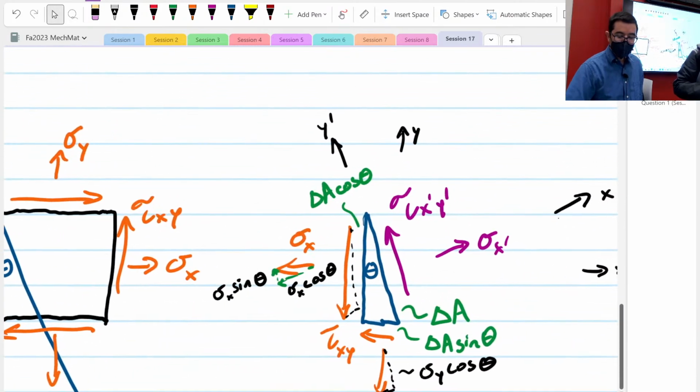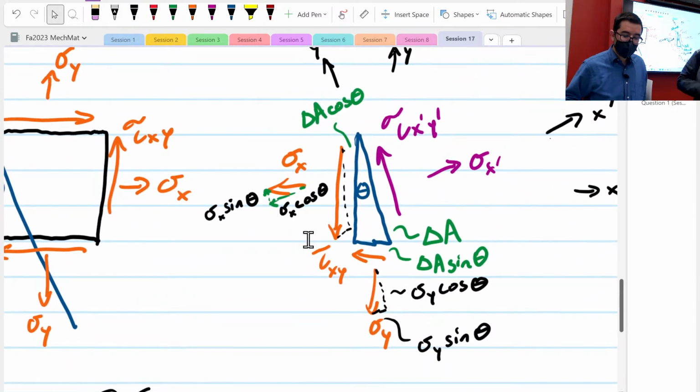I need to break this vertical component up into two components where one of them is parallel to the one I'm interested in, x prime. That's what I did here. I broke it up like that, so that this component right here is parallel to here.